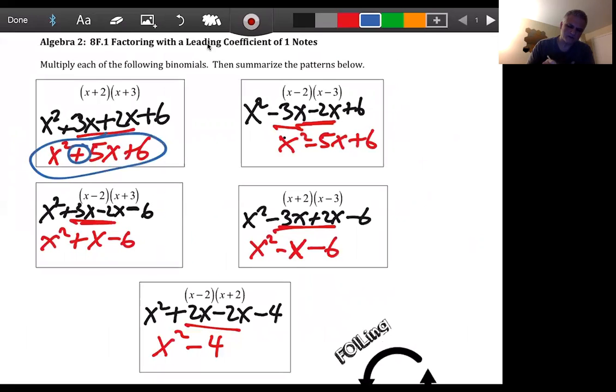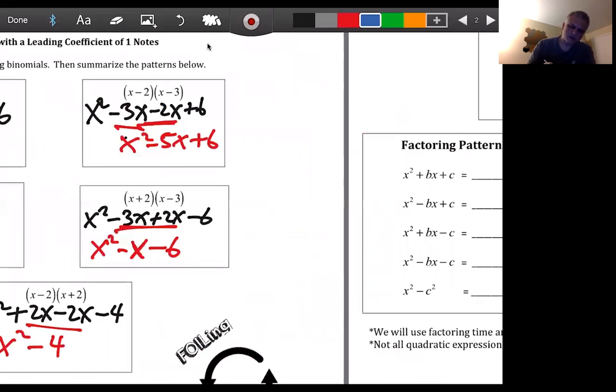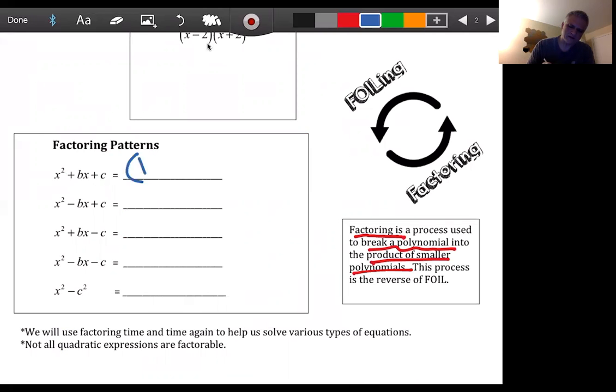Both of these were pluses, so you're going to have x plus a number times x plus a number. Both of the factors are going to have x plus in them if you got a plus plus.